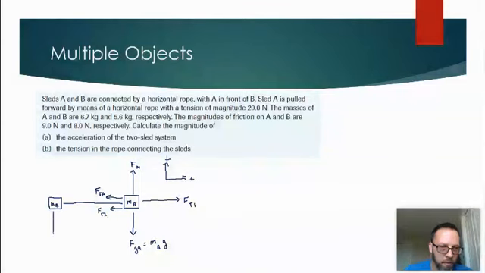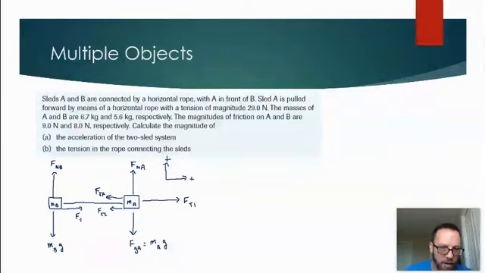For mass B, we have force of gravity, and I'm just going to write MBG. I should probably call the first normal force FNA, because then this one has a different normal force, FNB. We have the tension that's pulling mass A to the left.